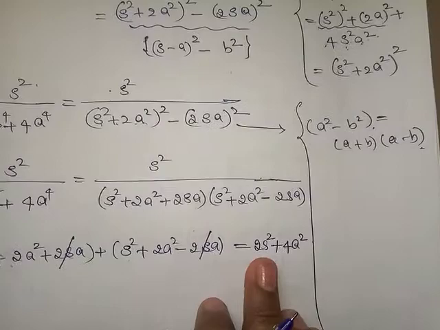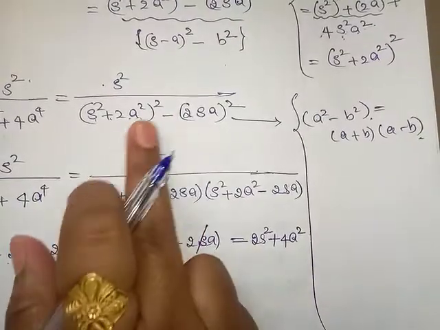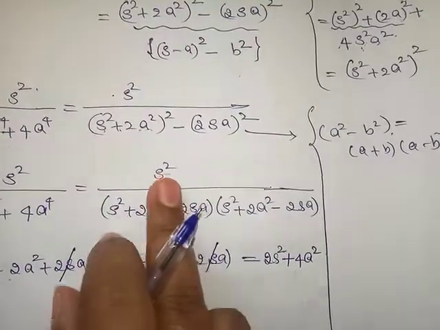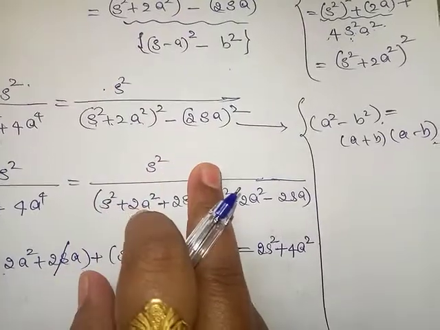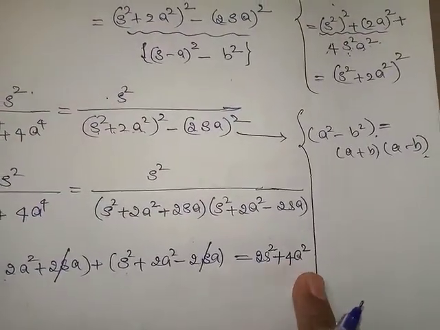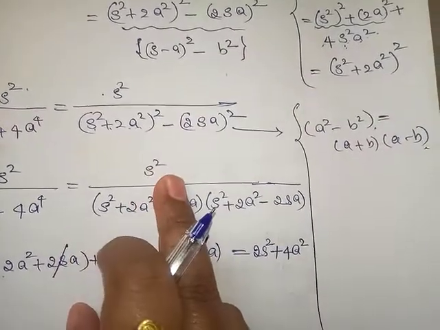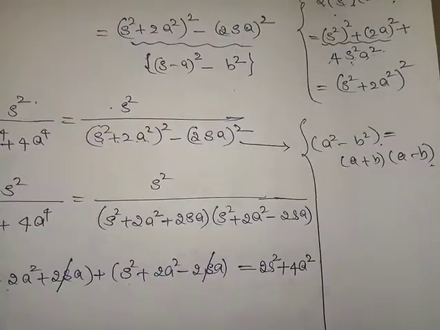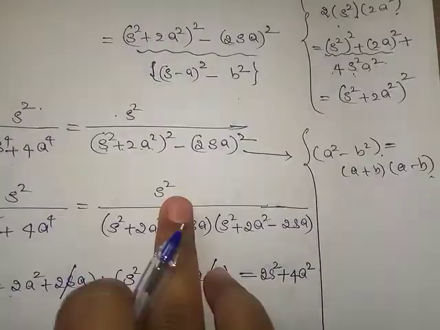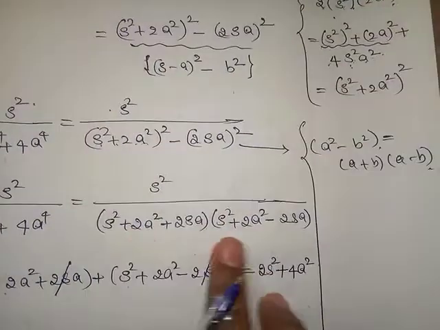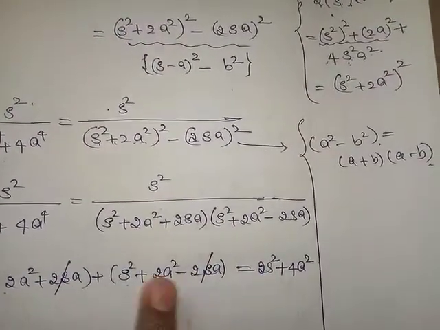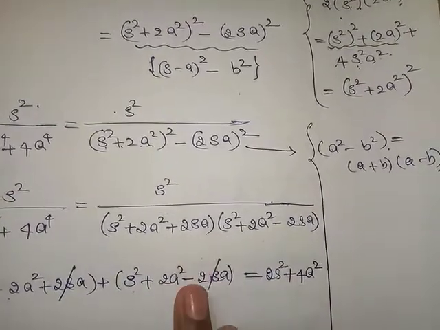See, here in the numerator we have only the s square term. To get 2s square plus 4a square, first I have to multiply by 2, then add and subtract 4a square. It is not possible to express this numerator in terms of this one when we add the denominator terms.